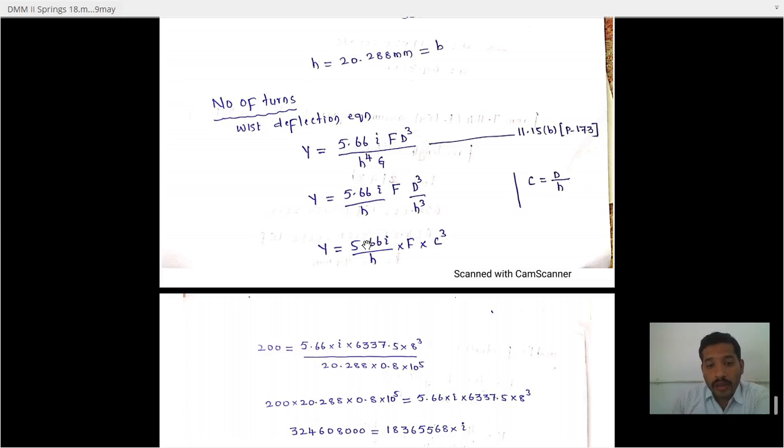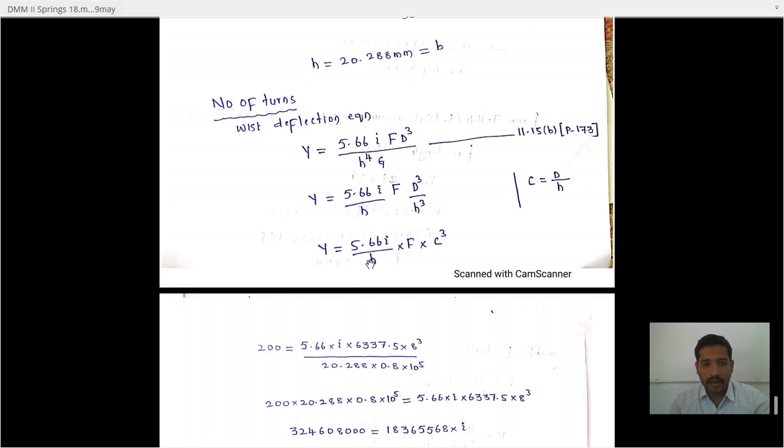So d by h we can represent as c, and here cube is there, so I am representing c cube. So the equation of the deflection is y equal to 5.66 I into F, and this whole value becomes c cube by h into g.